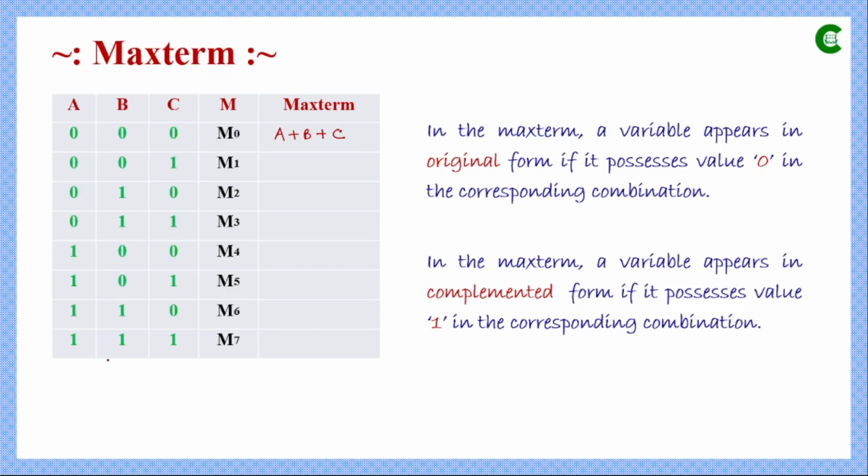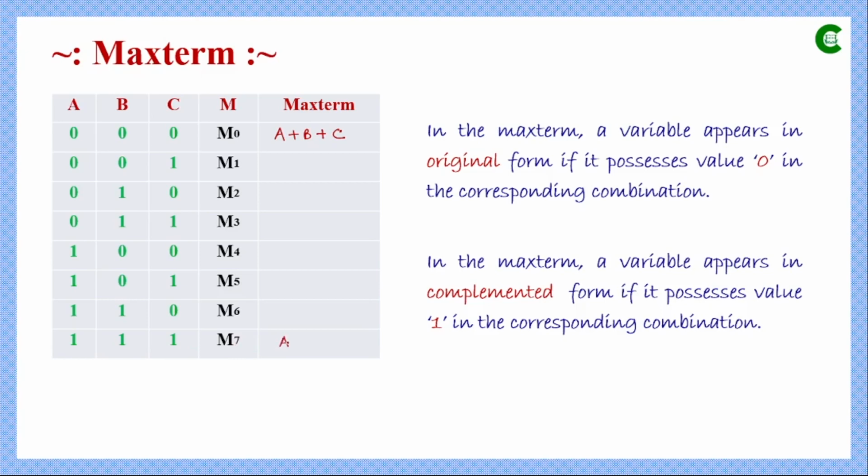Similarly, for the last combination, when the combination is 1, 1, 1, what is the rule? The rule is a variable appears in complemented form if it possesses value 1 in the corresponding combination. That means if it possesses value 1, then it will be in complemented form. Now in this combination, all the variables have 1.